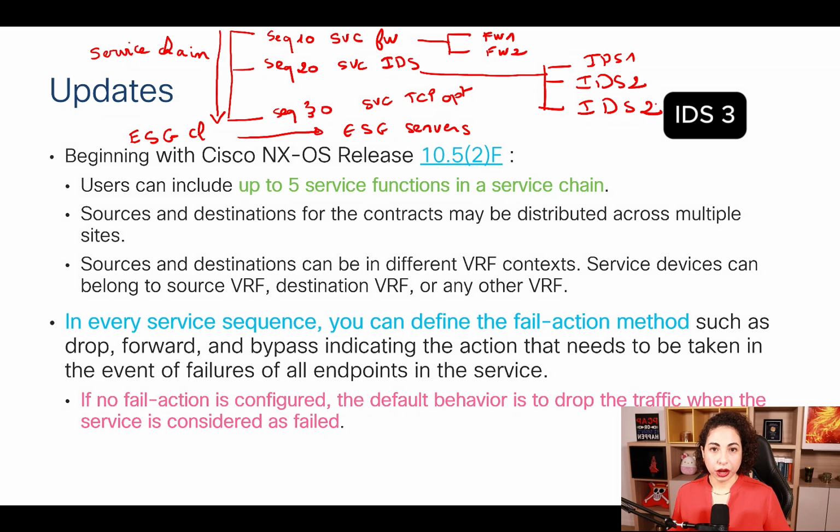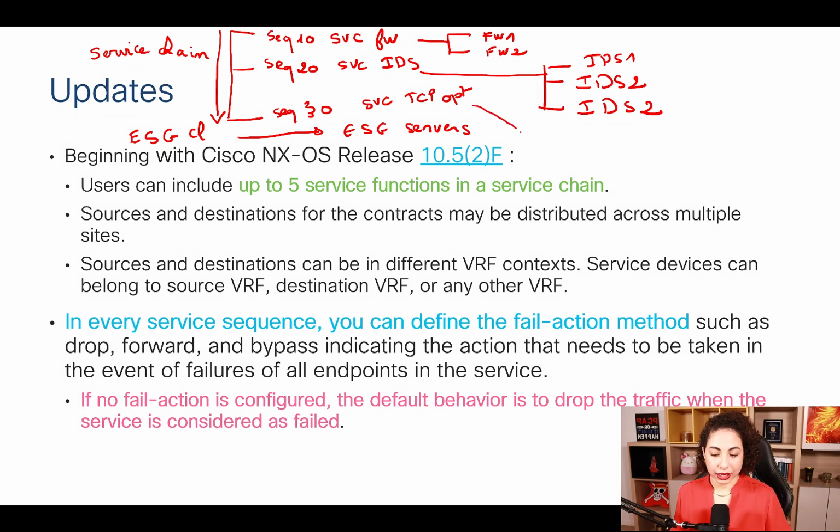And the solution of enhanced PBR leveraging SGACL, what it does is that not only will it redirect through each service, but it will also ensure that multiple traffic flows are load balanced between the different service endpoints that we have inside each service. It means that, for example, for the traffic from A to B, we will pick firewall 1 and IDS 2.